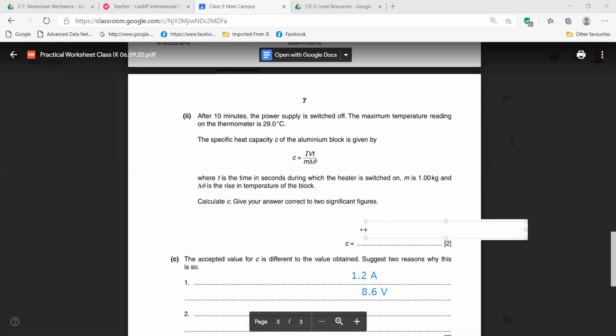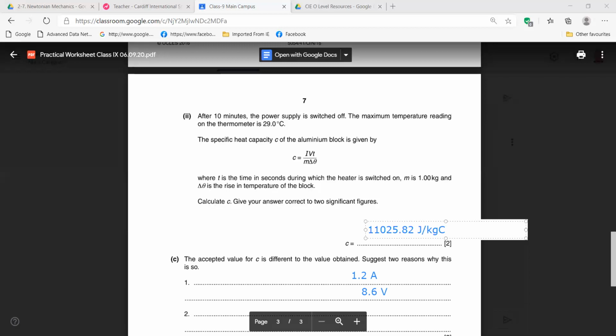1025.82 joules per kg degree Celsius. Okay, so this way we are getting.